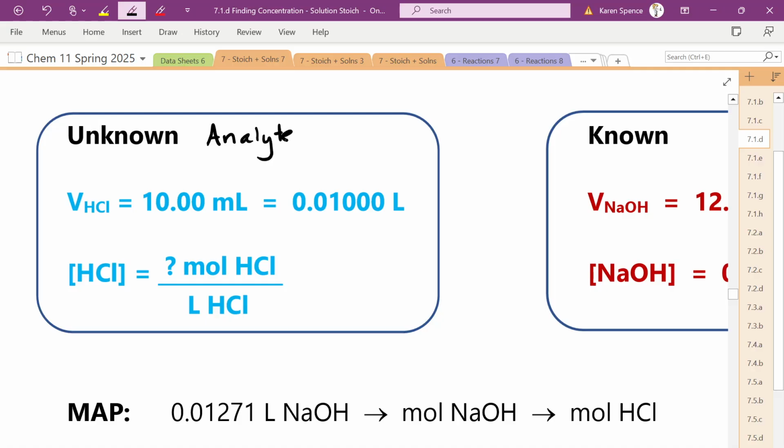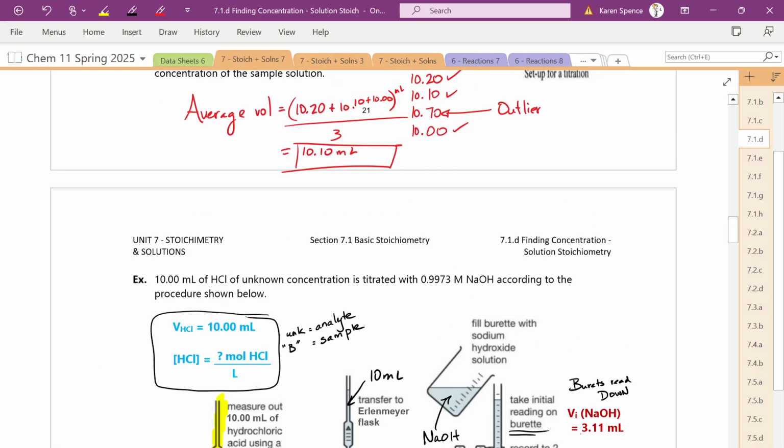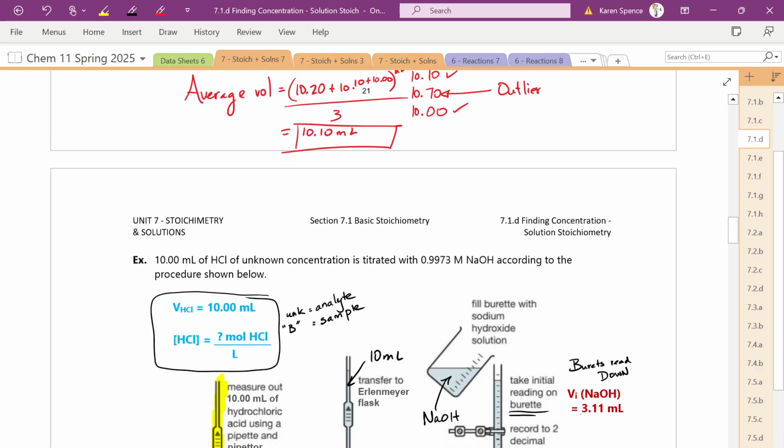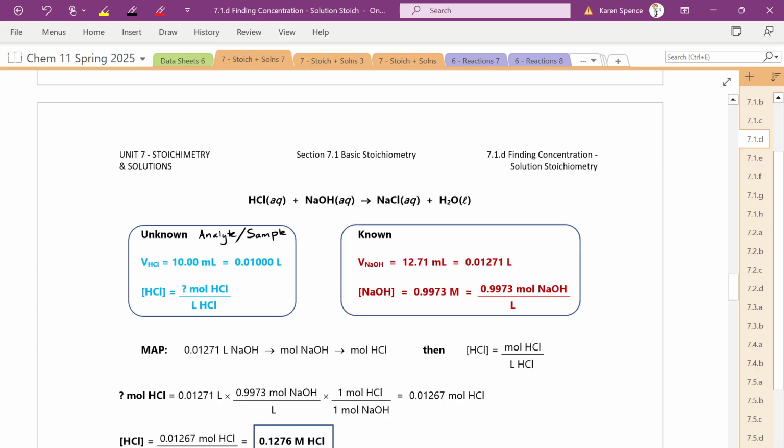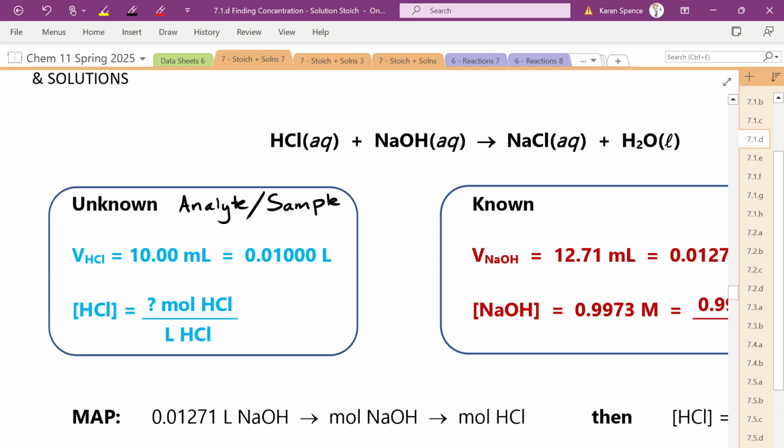It is also known as the sample. Did I write that somewhere? Hang on, let's see. Nope, analyte is the sample. The standard is the known. Okay, so our unknown is the analyte, that's our sample.